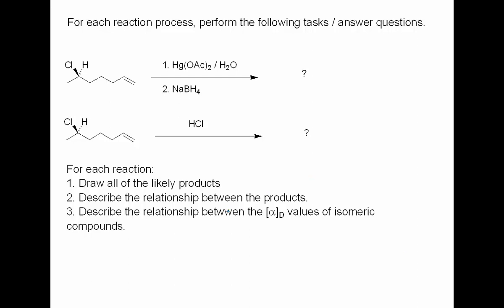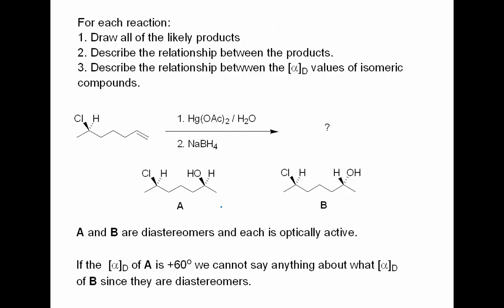We also should remember to spell correctly. All right, let's look at the first one. Mercuric acetate, water, followed by sodium borohydride. This is just going to be our Markovnikov alkene hydration, right?